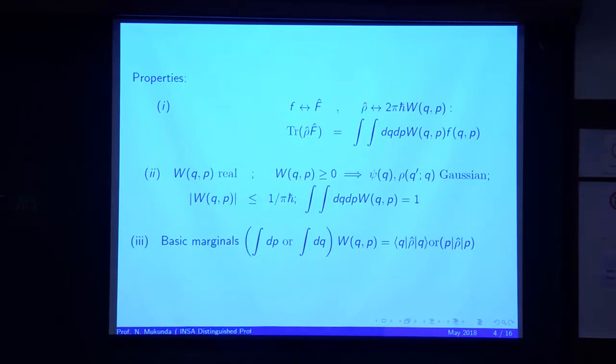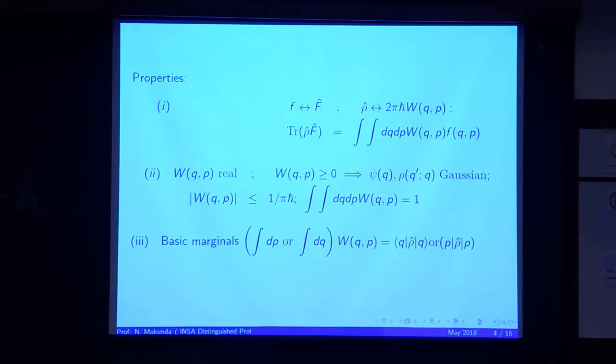For density matrices, for convenience or convention, another numerical factor is included, and so the density operator rho is represented by its Wigner function, the same rule of association. If you use this for states and operators in quantum mechanics, you get this traciality condition.